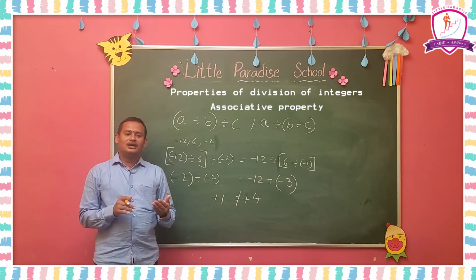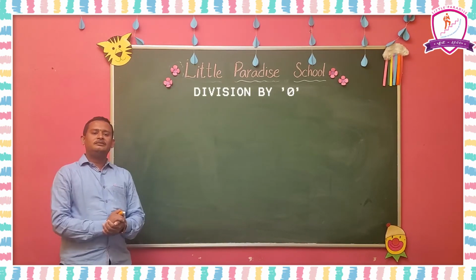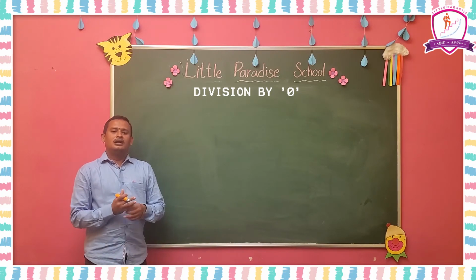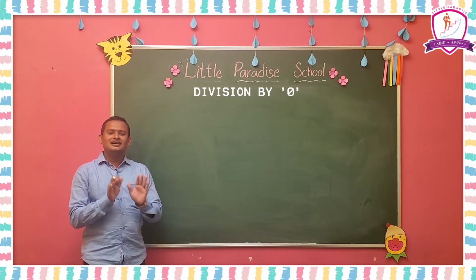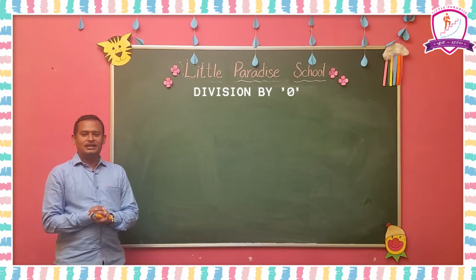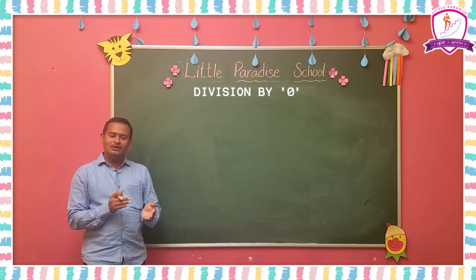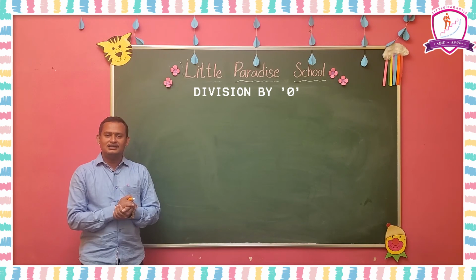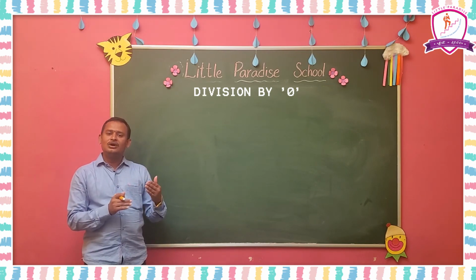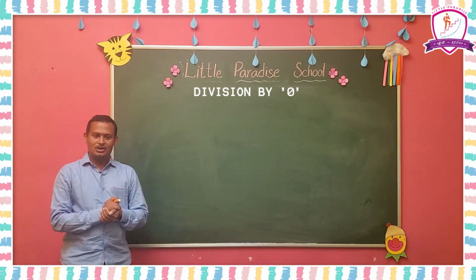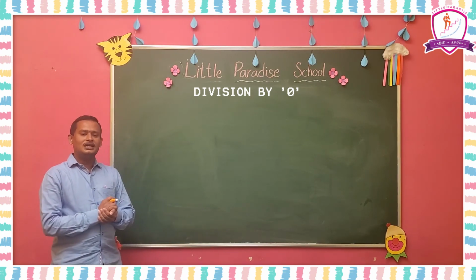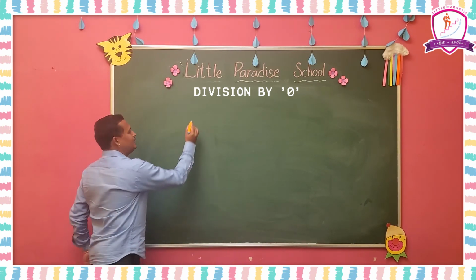Okay, next we are going to discuss division by 0. Like whole numbers, any integer divided by 0 is meaningless. When we are dividing by 0, we can't define the answer. If 0 is divided by any integer, we get 0 as the answer. So for any integer a not equal to 0, a divided by 0 we can't define, but 0 divided by a is equal to 0.